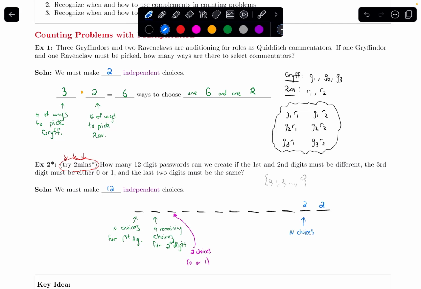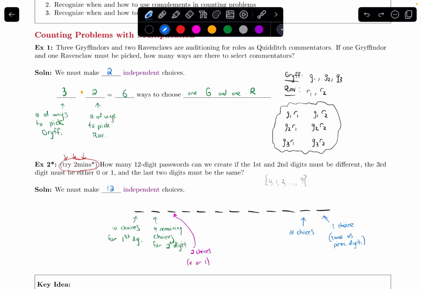It's got to be a 2 also. So once I pick this second to last digit, there's only 1 choice for the very last one, because it has to be the same as the previous digit.